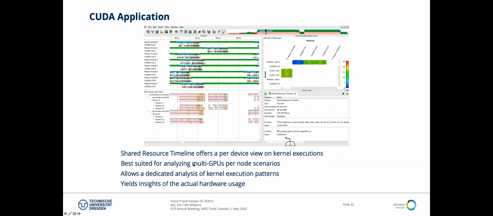This is the best tool for analyzing multi-GPU scenarios and getting some insight as to how the hardware is actually being used. So here we see that these streams get unified into the timeline of device 0.